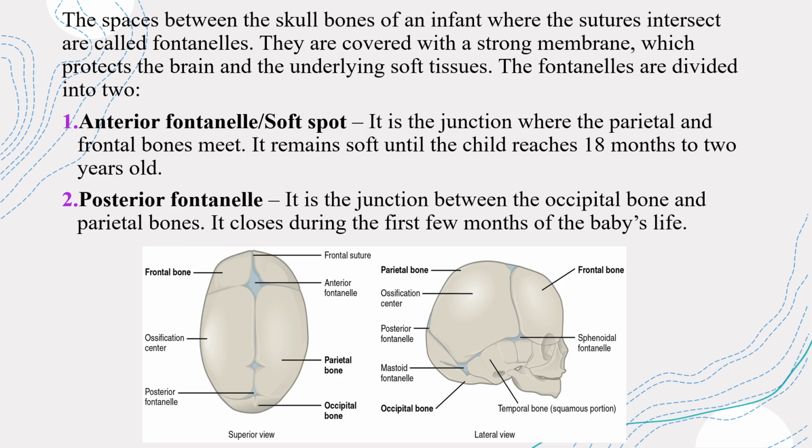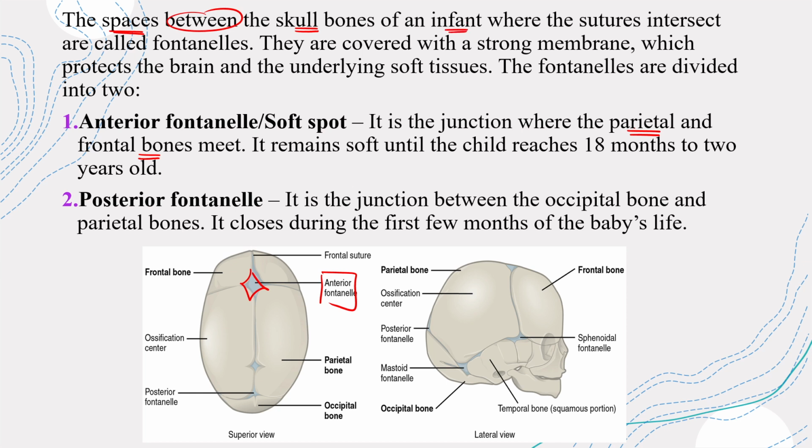The anterior fontanelle is the junction where the parietal and frontal bones meet. This is your anterior fontanelle. These fontanelles are the spaces between the skull bones in an infant. This is the important thing.